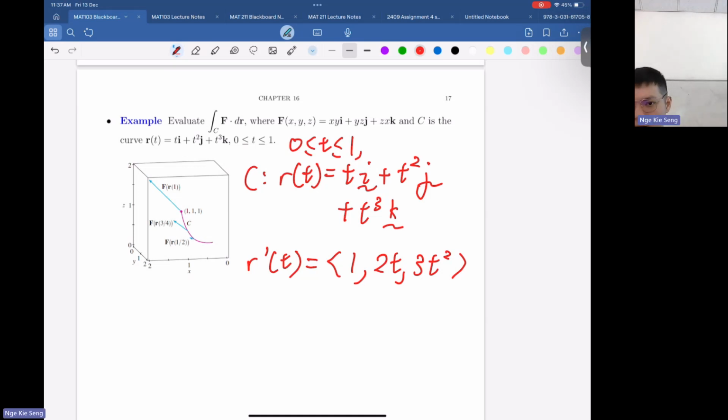And what's your F here? F is given by xy, yz, and zx. Let's make everything into a variable of t.